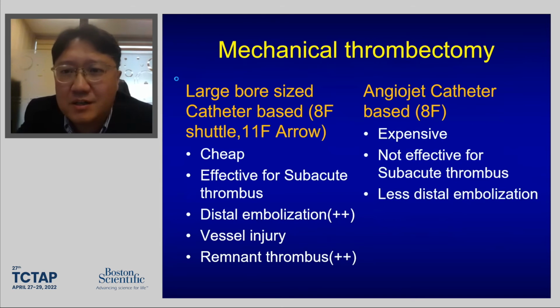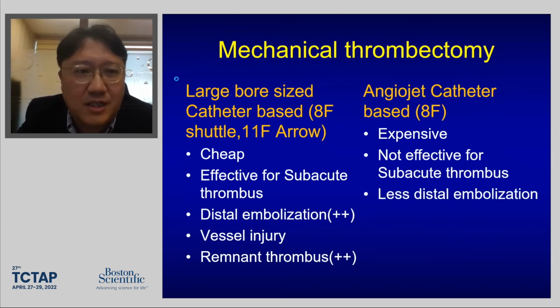My favorite mechanical thrombectomy devices are large bore size catheter or AngioJet. Large bore size catheter is cheap and effective for acute and subacute thrombus. But its disadvantage is frequent distal embolization, and sometimes it develops vessel injury and remnant thrombus.